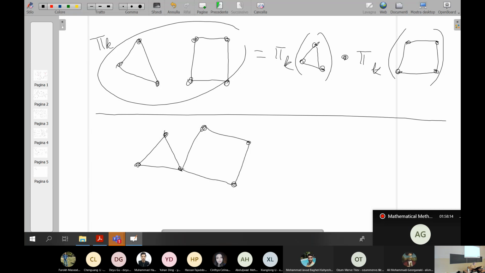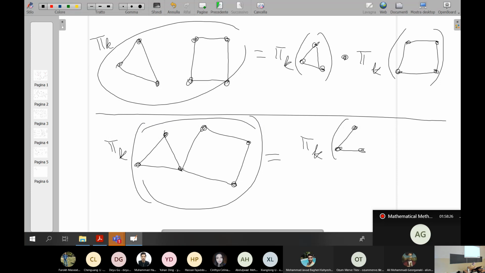When you have a cut vertex, pi k of this equals pi k of this times pi k of this divided by k. I suggest that you don't try to use it in more complicated situations, because I've seen many students using that particular theorem, which appears here as an exercise, in a wrong way.